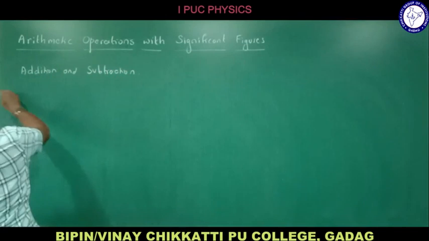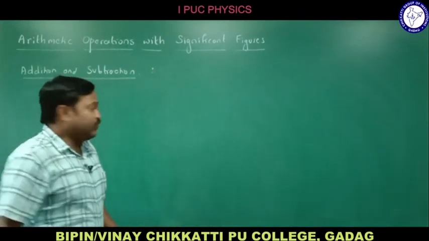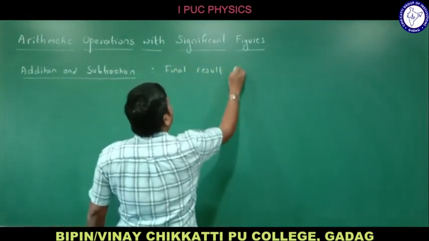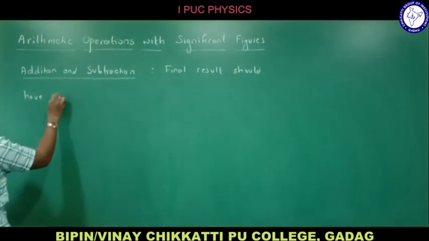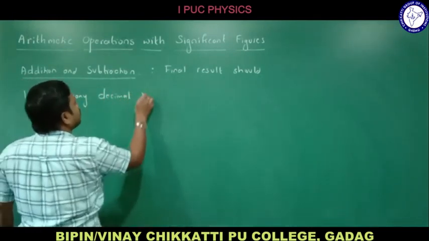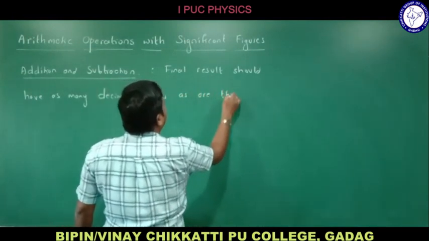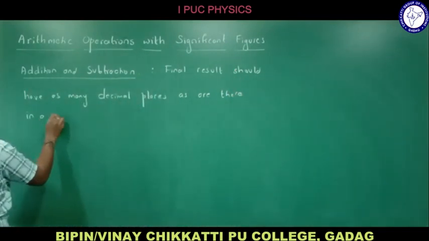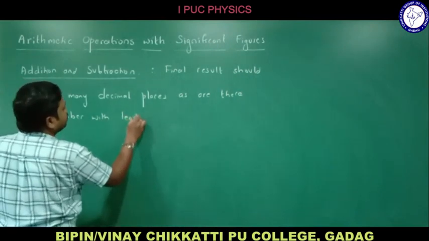The final result should have as many decimal places as are there in the number with least decimal places.